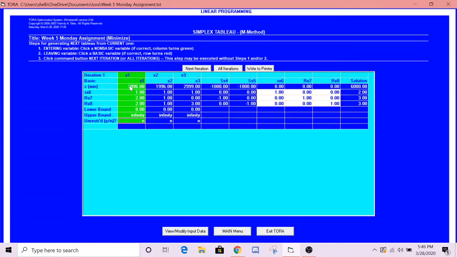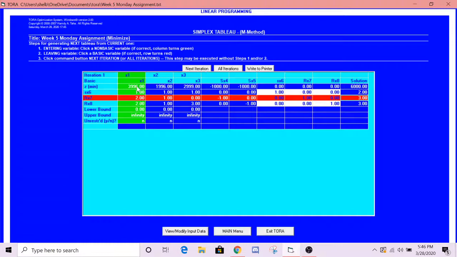If you click the wrong one, it's going to give you a little error message. So in this column, we have a tie here actually. We have 3/2 and 3/2. In Tora, you're just going to want to choose the very first one. It won't let you choose the second one. It'll say when there's a tie, you must choose the first one to appear or something similar.